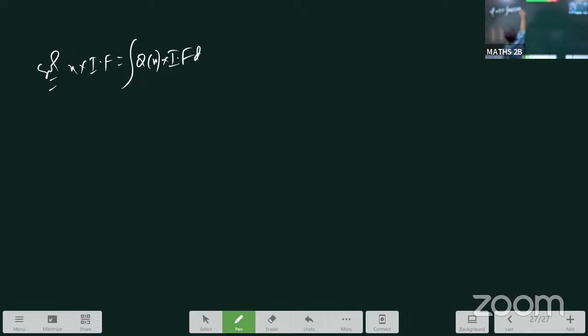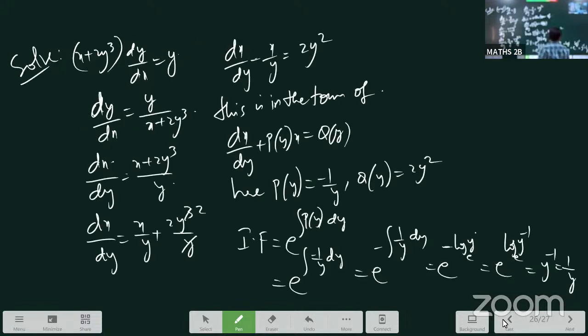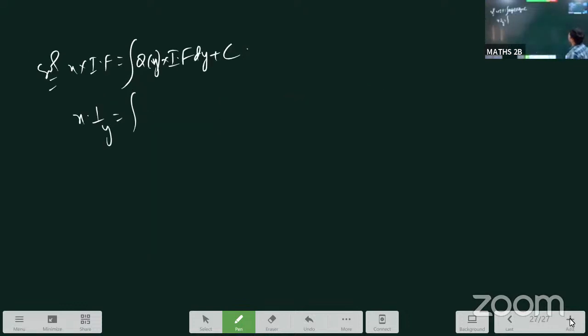Now write the solution. The solution is x into the integrating factor equals integration of q of y into the integrating factor dy plus c. Now x into 1 by y, and what is q of y? 2y square into 1 by y dy plus c.